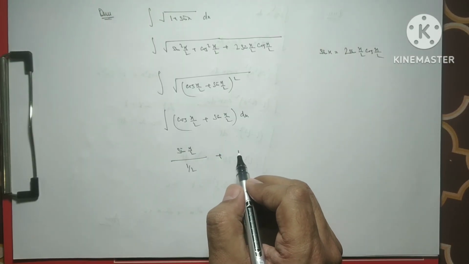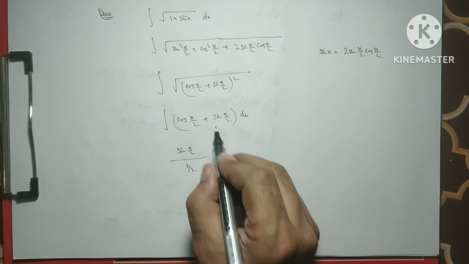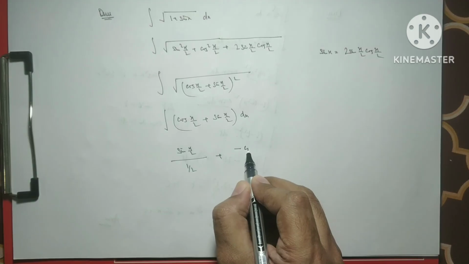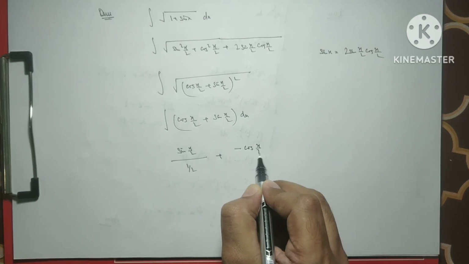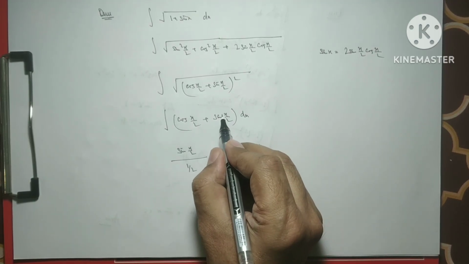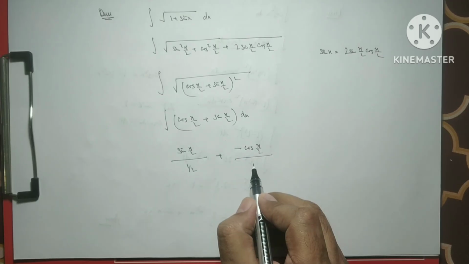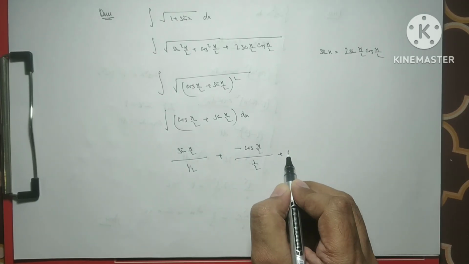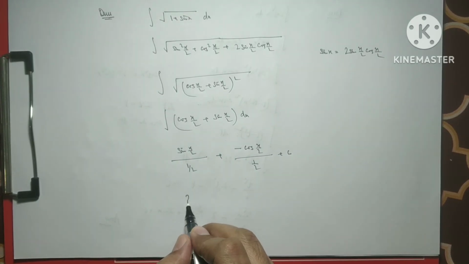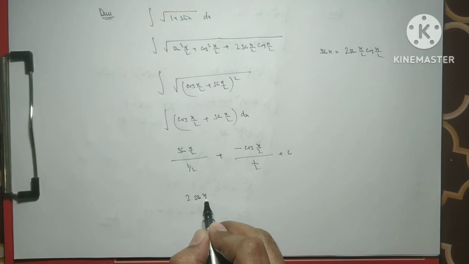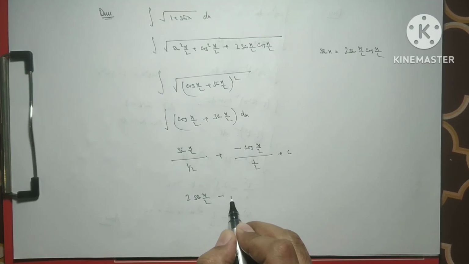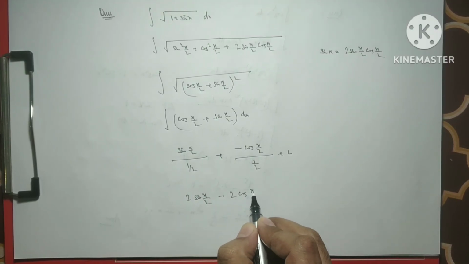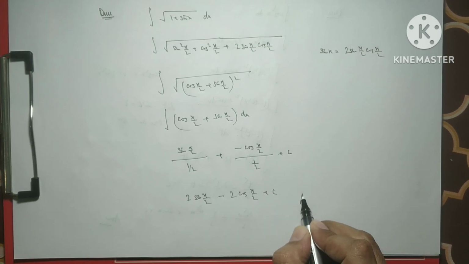When we integrate the sin x by 2, the standard integration of sin x by 2 is minus cos x by 2 divided by the differentiation of substituted part, that is half, plus c. So it is 2 sin x by 2 minus 2 cos x by 2 plus c. So this is the answer.